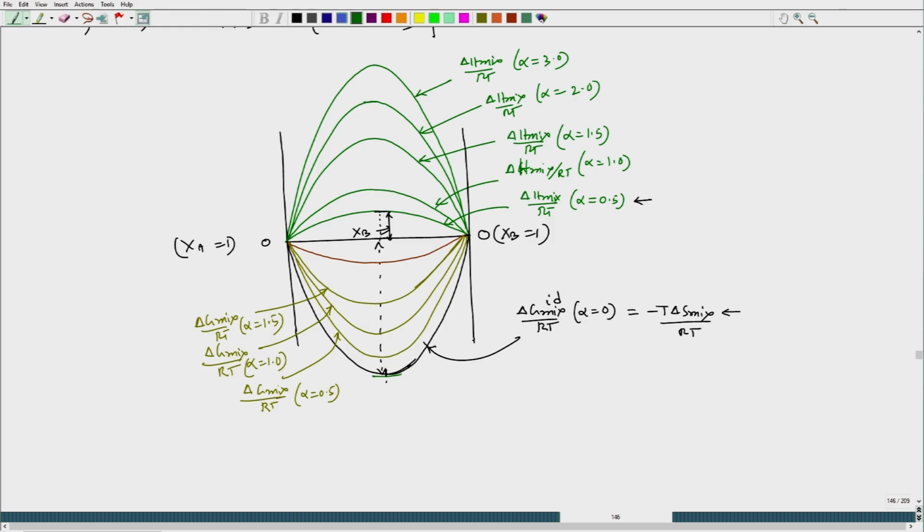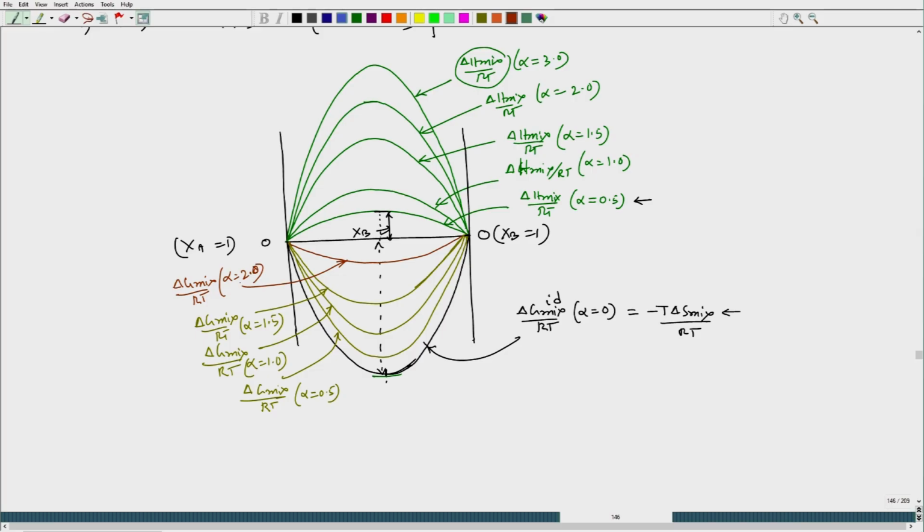Now, I see that when it is 3.0, this value at the midpoint, which is 0.5 of x b, is actually more than the mod value of delta G mix by RT at 3.0. So, this one, I have not marked it. This one was delta G mix by RT when alpha equal to 2.0.